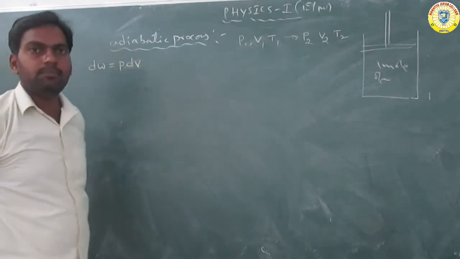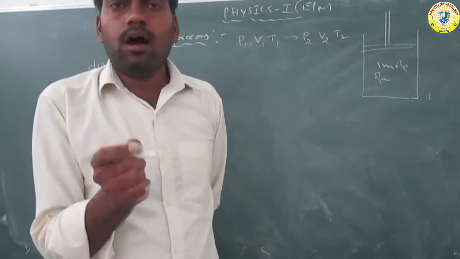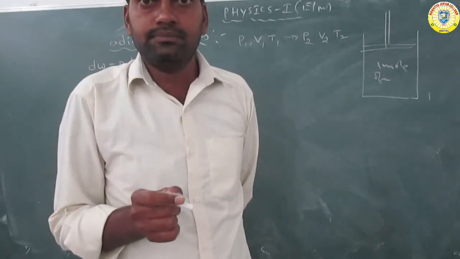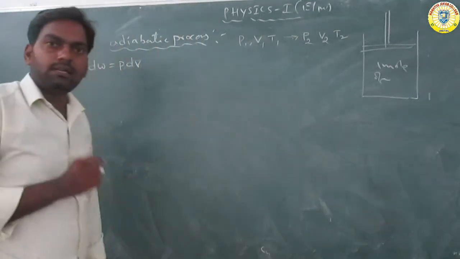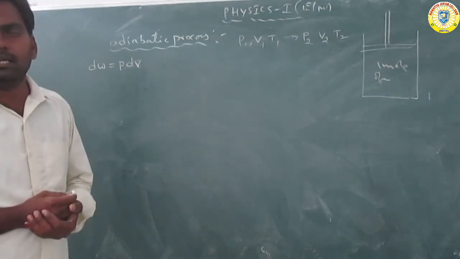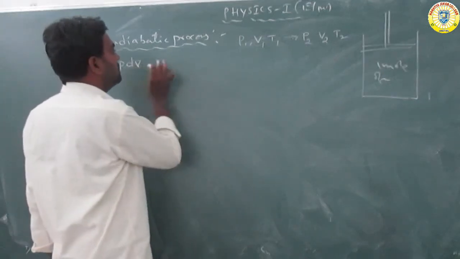For a small change in volume, the work done is dW, so we can write the equation dW is equal to P dV.